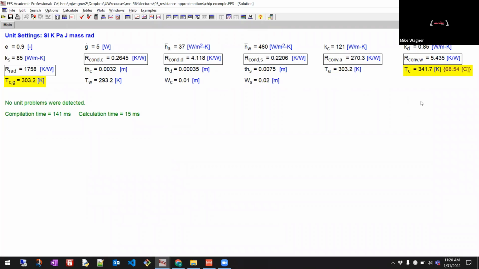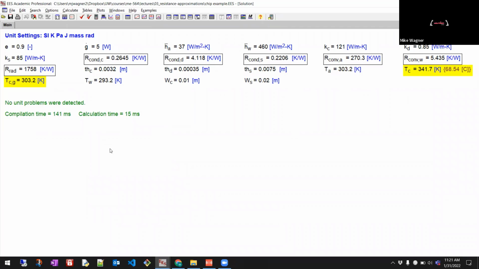Okay, and here we are with this is our calculated TC value, 68.54. This is what we guessed over here. This is what's being used for our radiation. They're not the same value. They're not that far off, but they're not the same value.